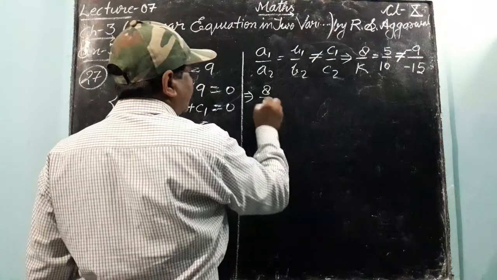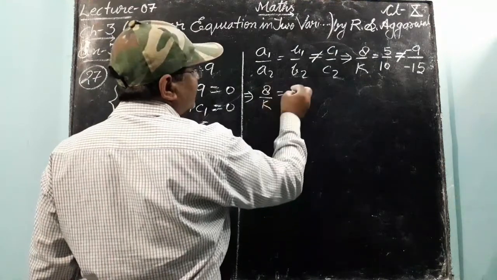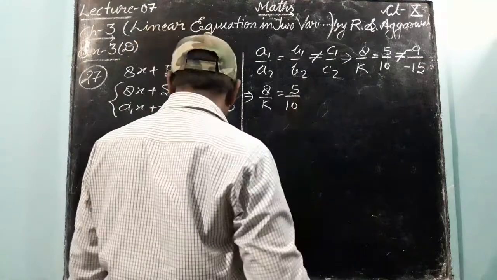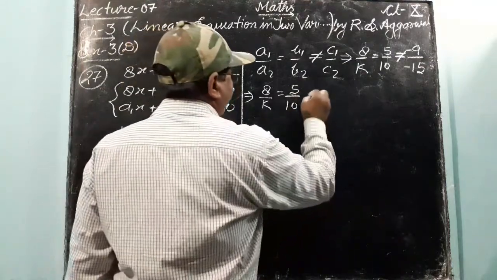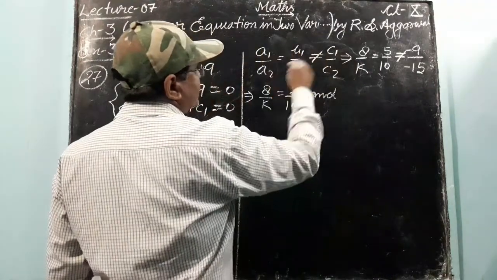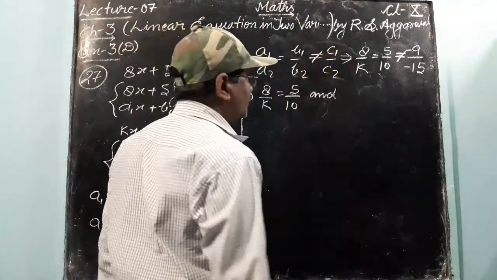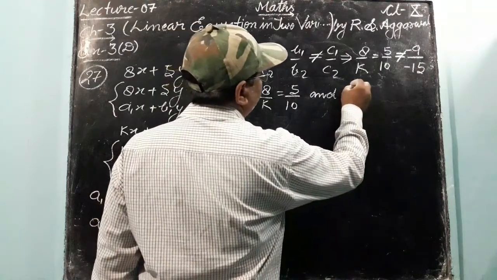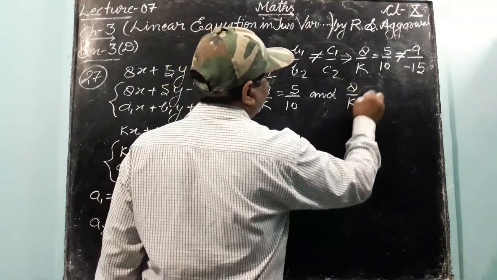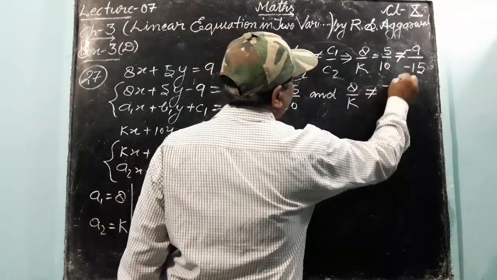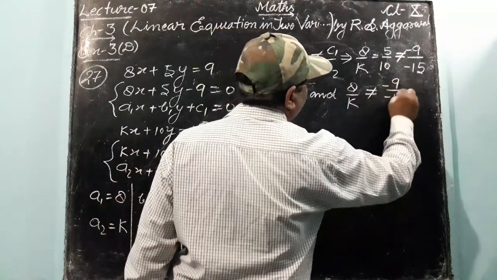Then a1 upon a2 means 8 upon k is equal to 5 upon 10, and a1 upon a2 is not equal to c1 upon c2. So then it will be 8 upon k is not equal to minus 9 upon minus 15.